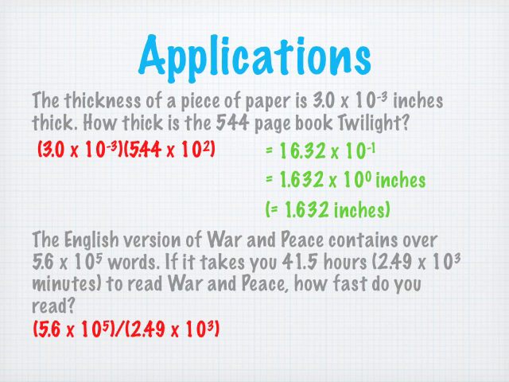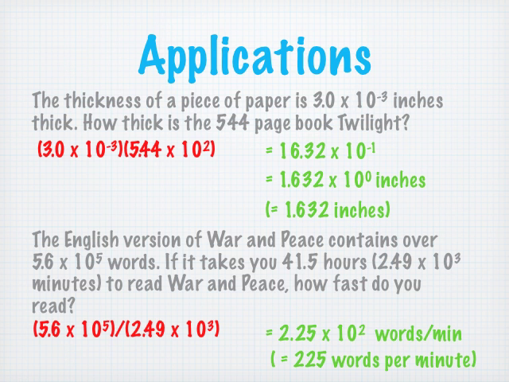So 5.6 divided by 2.49 gives me 2.25. 10 to the 5th divided by 10 to the 3rd. Subtract the exponents, I get 10 to the 2nd. So I have 2.25 times 10 to the 2nd words per minute. That's scientific notation. But since we kind of want a real life answer, I'm going to change it to a standard number, which is 225 words per minute. You can leave it in scientific notation, though. That's fine. And I do want you to do it in scientific notation.